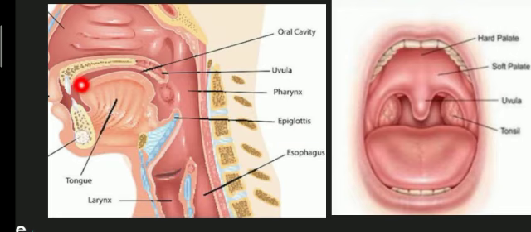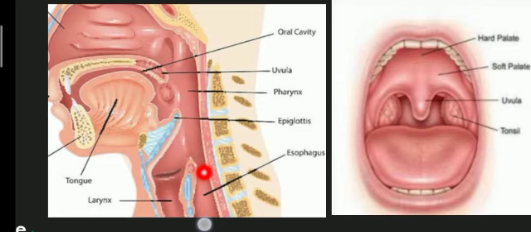So when the food is being swallowed by a person, what happens? The food pushes the epiglottis downward and it blocks the path of the trachea, and because of this the food moves to the esophagus.